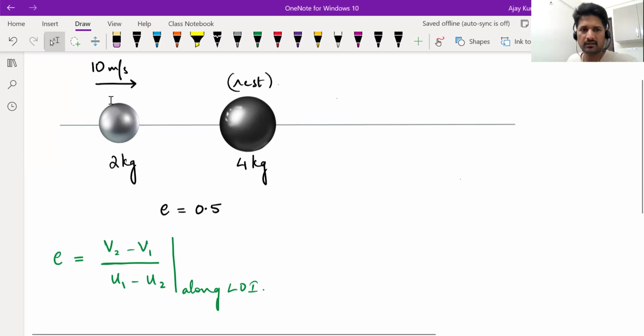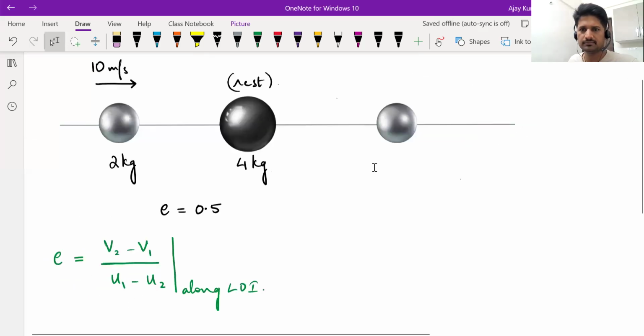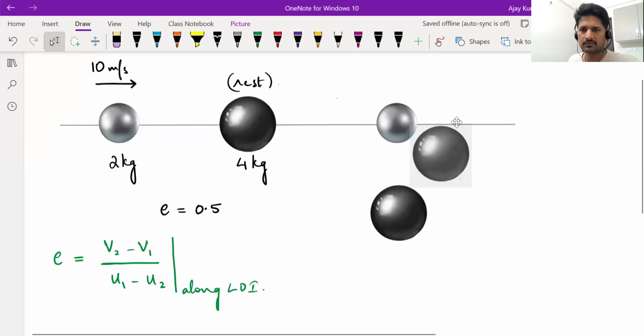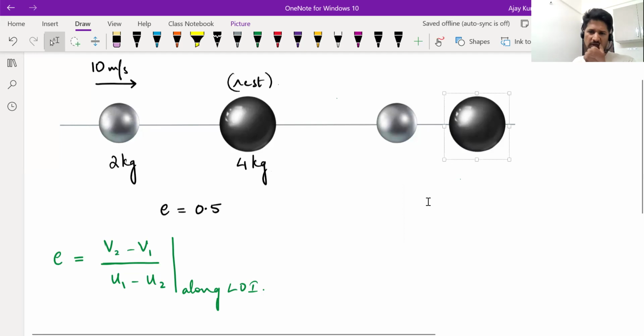You begin by assuming they have final velocities V1 and V2. When one sphere collides with another, the force they exert on each other is a normal force, an internal force to this system.